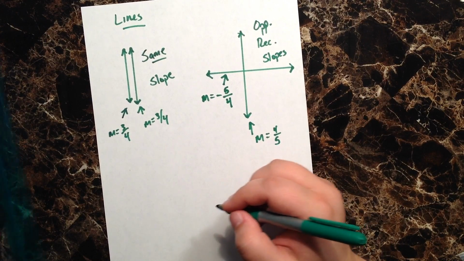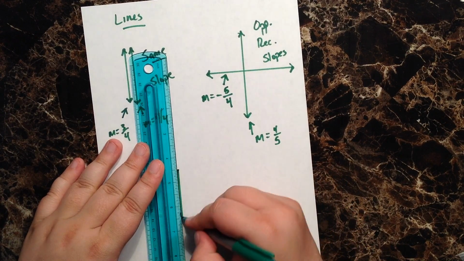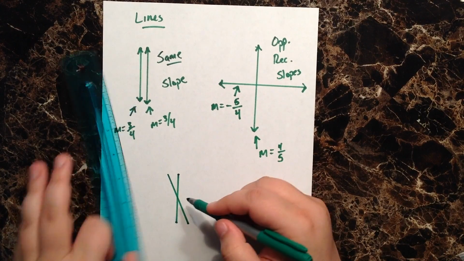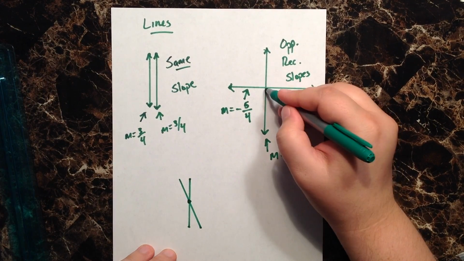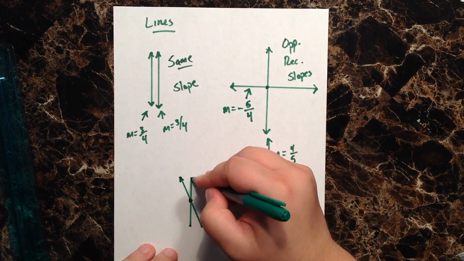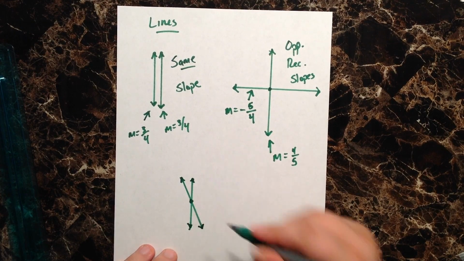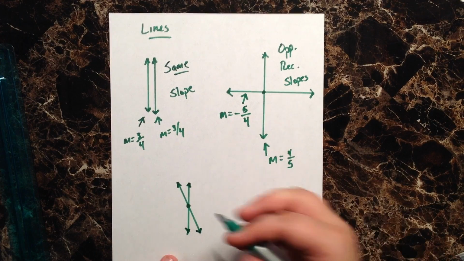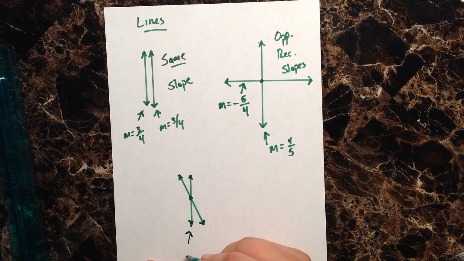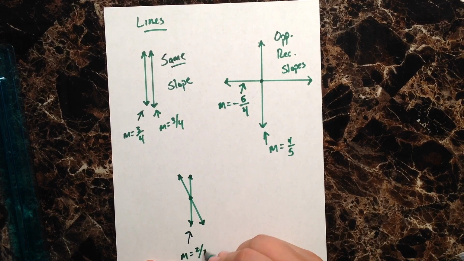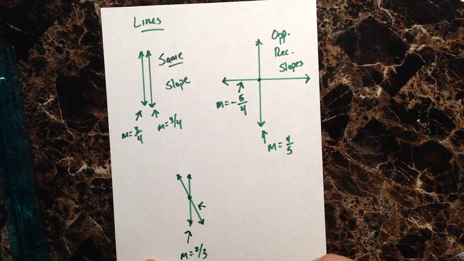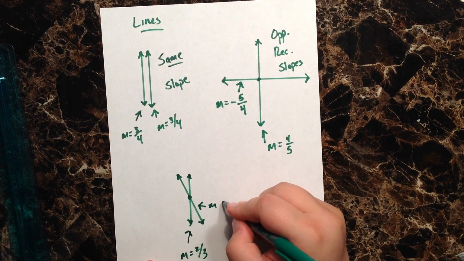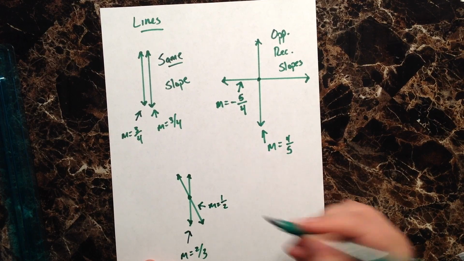And then lastly, we will have lines that intersect, but they're neither the same slope nor are they opposite reciprocal. So the first line could have a slope of 2/3, and this line could have a slope of 1/2. It doesn't matter.